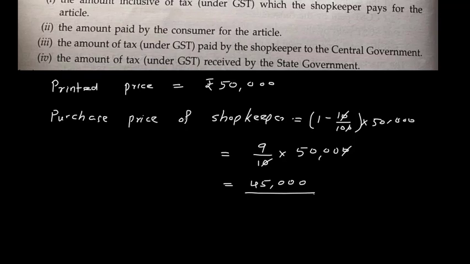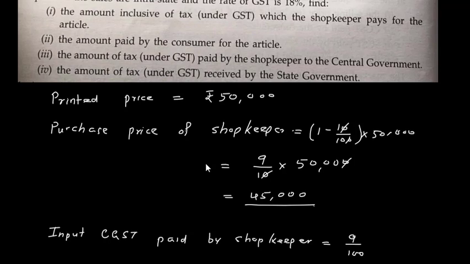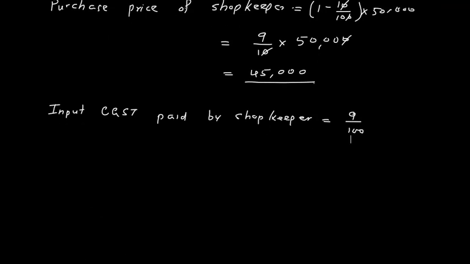So here I will say that input CGST paid by shopkeeper. It will be 9 upon 100, because the total GST rate is 18%.